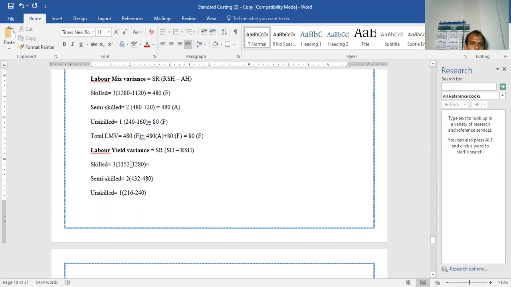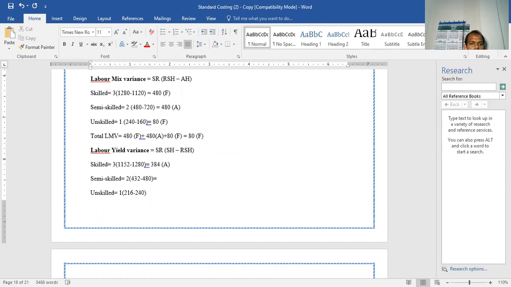Here the prescribed hours are 1280, but we did it only for 1152. So the minus value is high, 384 adverse.